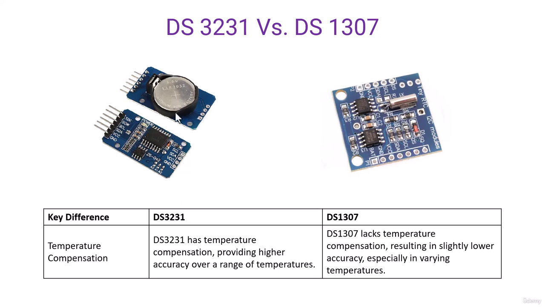The first one, DS3231, has temperature compensation. That means it can provide higher accuracy over a range of temperature. Whereas the DS1307 model lacks temperature compensation. That's why it does not have the capability to work in a wide range of temperature. Other than this, both of them provide similar functionalities.